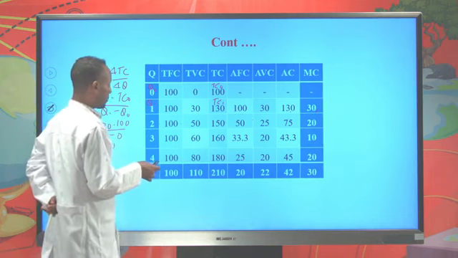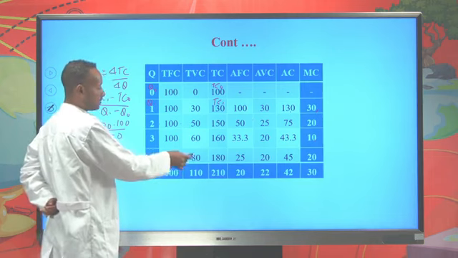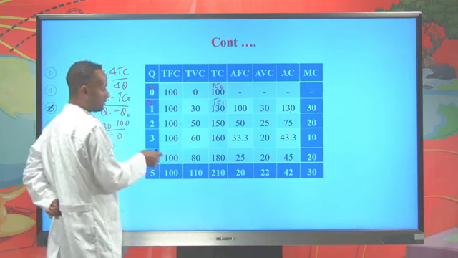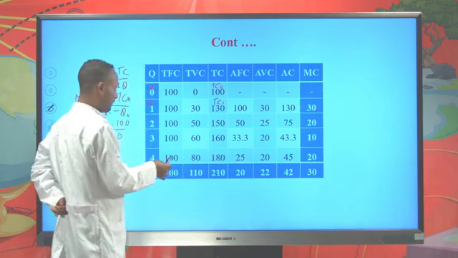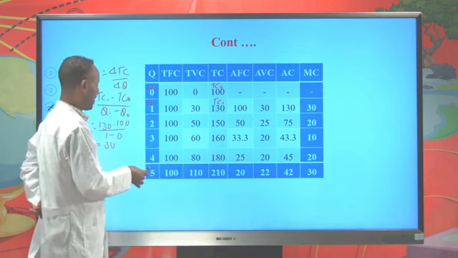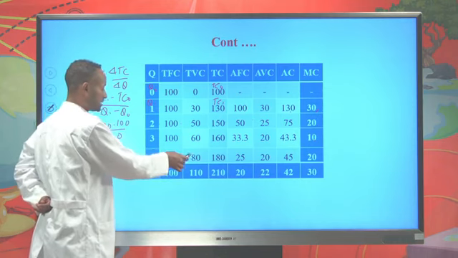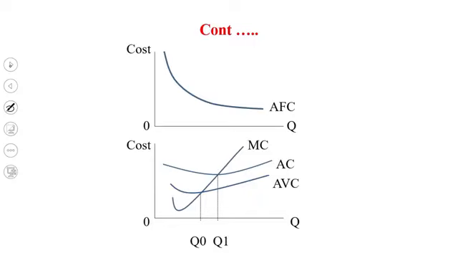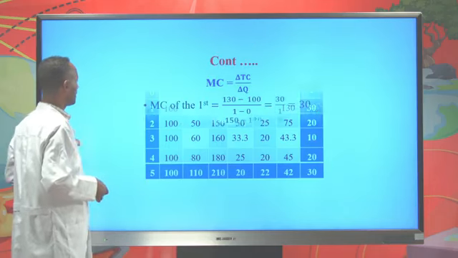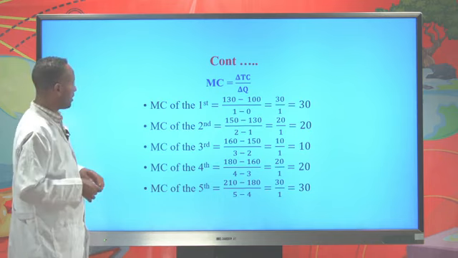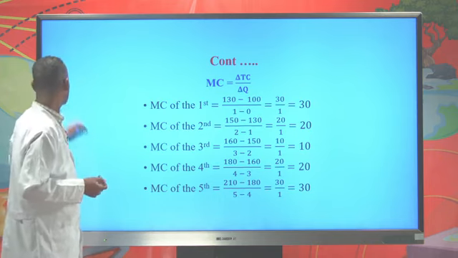The marginal cost of the fourth is 80 minus 60 divided by 4 minus 3, which is 20. And finally, the marginal cost of 5 units of a commodity is 110 minus 80 divided by 5 minus 4, which is 30. This is the way of calculating the marginal cost of production.